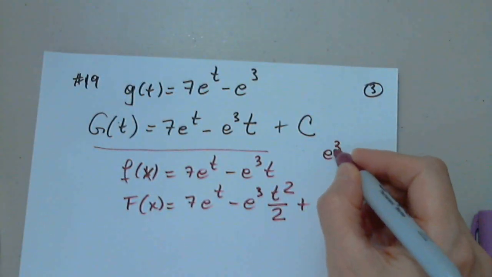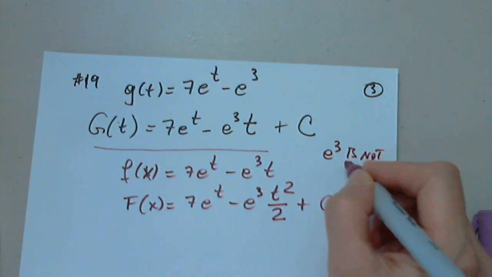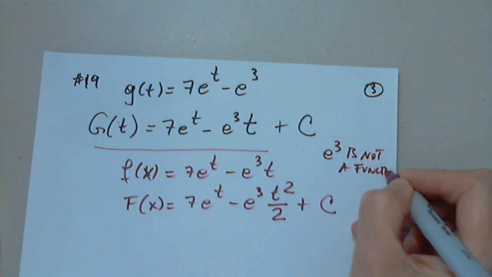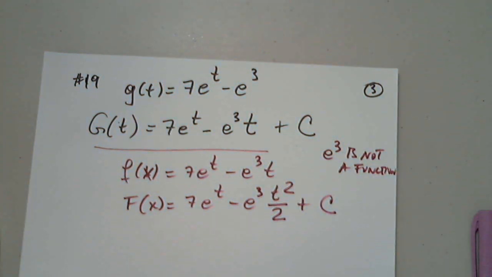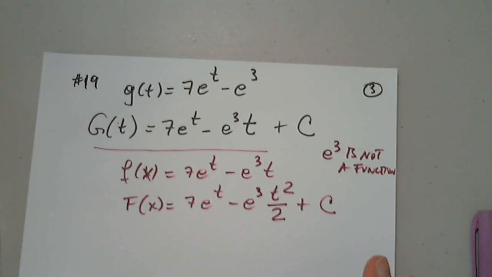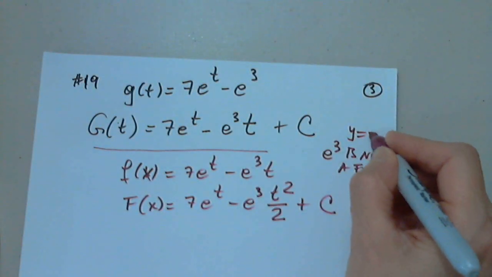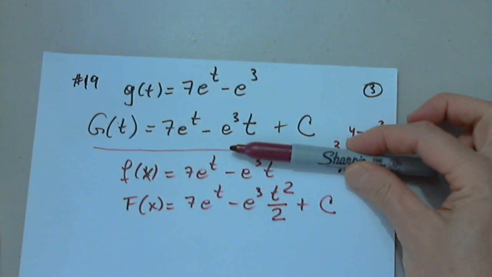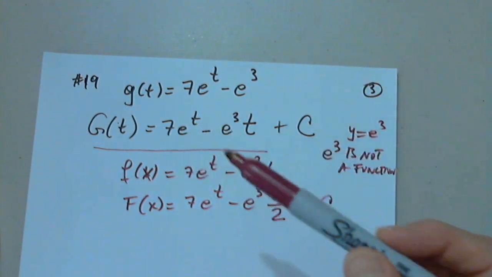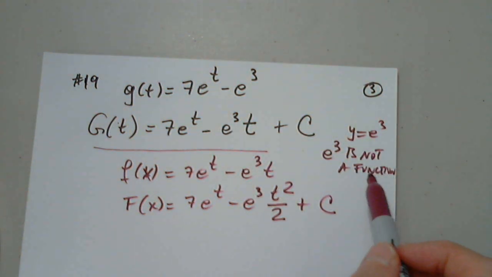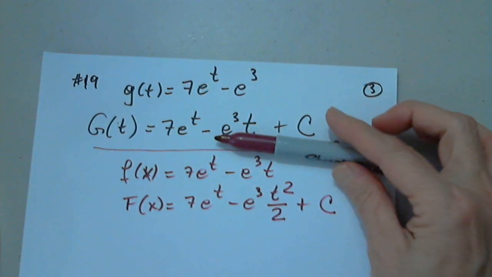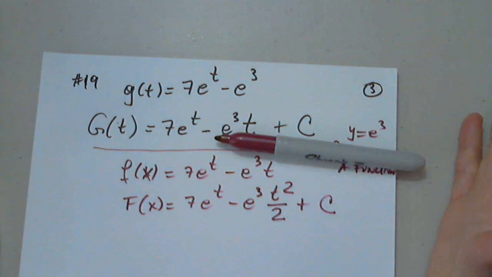So e to the third is not a function. Right, that's just a number. Yes, okay. I could say it's a function because y equals e to the third is a horizontal line. So maybe it is not correct to say it's not a function. It is a function, a horizontal line, but it doesn't have a variable in it.